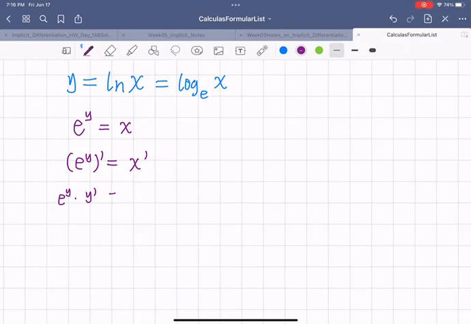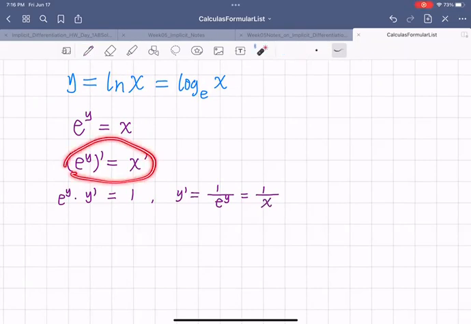Yes. The x derivative is who? 1. So y prime equals 1 over e to the power y, which is 1 over x. Make sense? Yes.